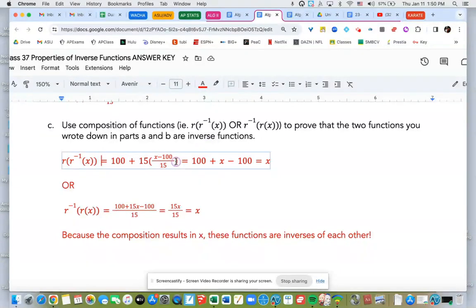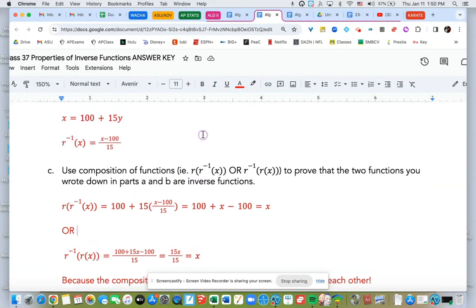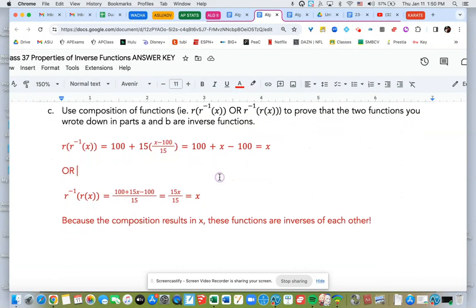So here's our inverse that we had, and we're sticking it inside the original equation, and then we're simplifying. 15 cancels, and then 100 minus 100 cancels, and you're right back to where you started. If it comes back and says equals x, then that's proof to you that what you did was correct, that the inverse you found really is the inverse of the original, like you did it the right way.